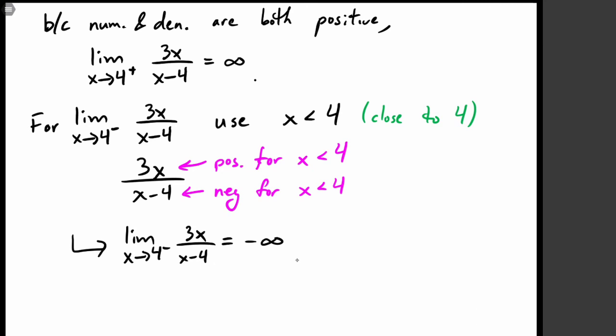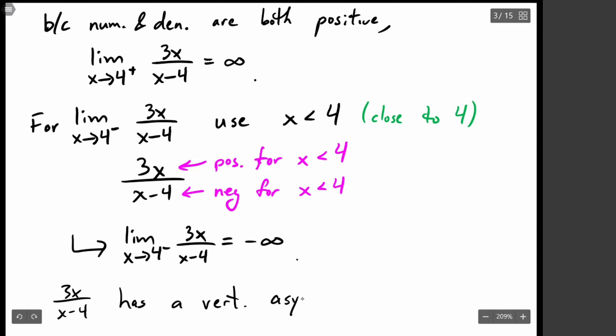And again, if we did this one first, this would also tell us that 3x over x minus 4 has a vertical asymptote at x equals 4. We don't have to do both limits to show that it has a vertical asymptote. We just need one of the two.